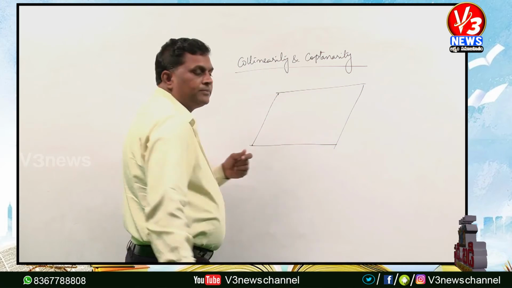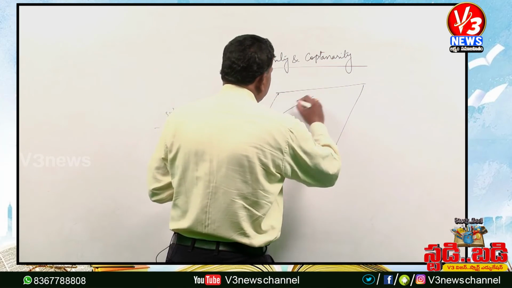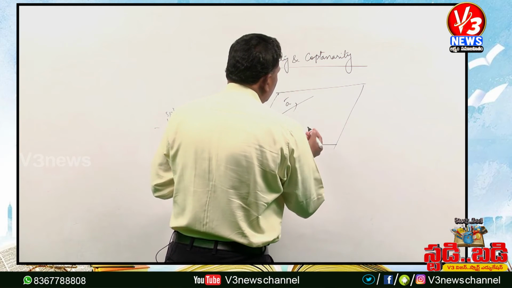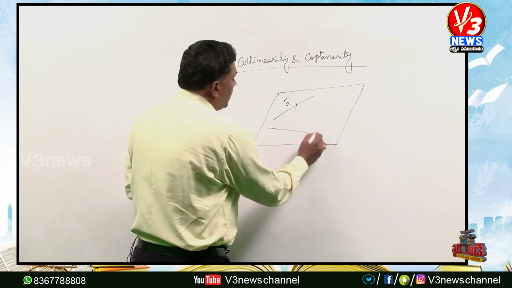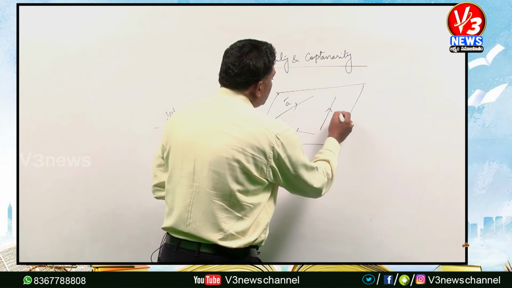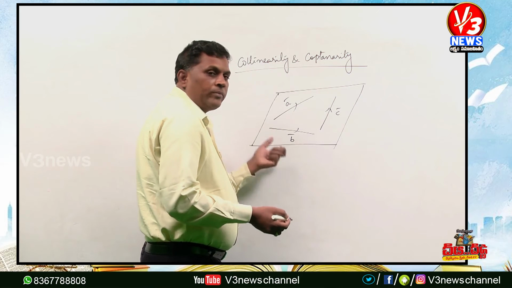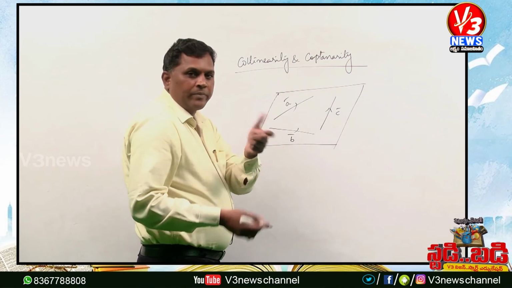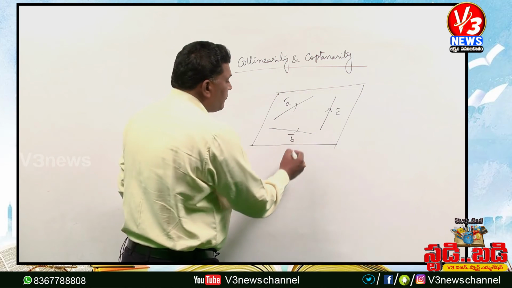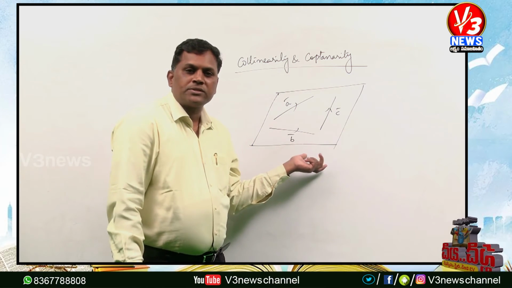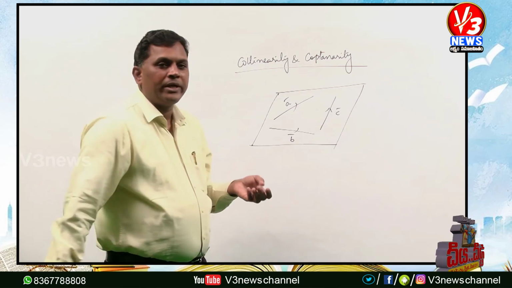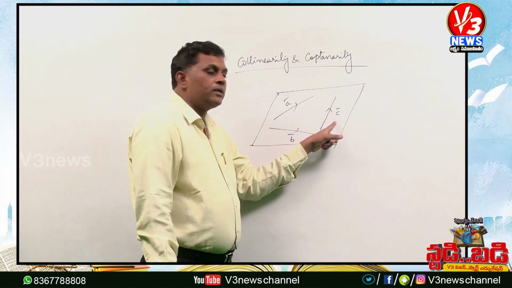Before that, coming to coplanarity conditions: if 3 vectors A bar, B bar, C bar are lying on a plane or parallel to a plane, parallel to a plane meaning coplanar, then they are linearly dependent. One depends on the other two.